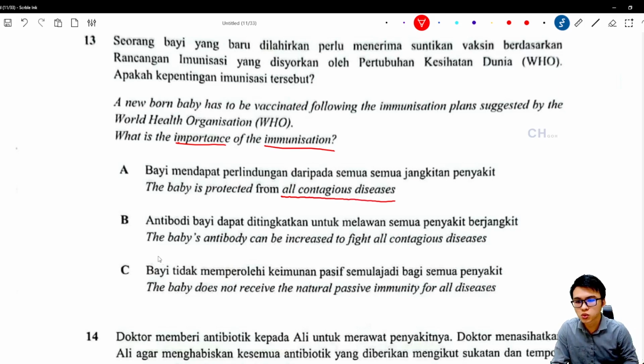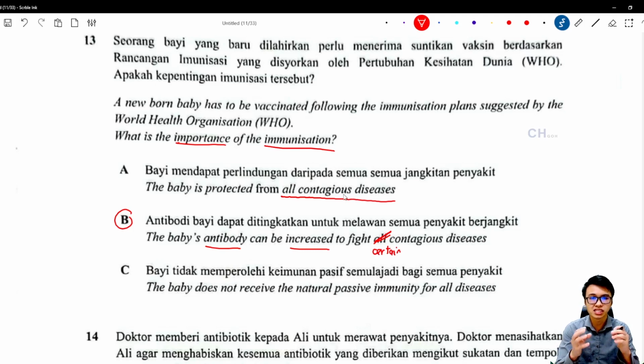The next one: the baby's antibodies can be increased to fight against all contagious diseases. The number of antibodies should increase, but not for all, only certain contagious diseases. What is the meaning of contagious?